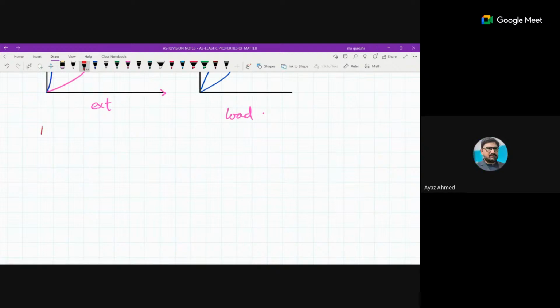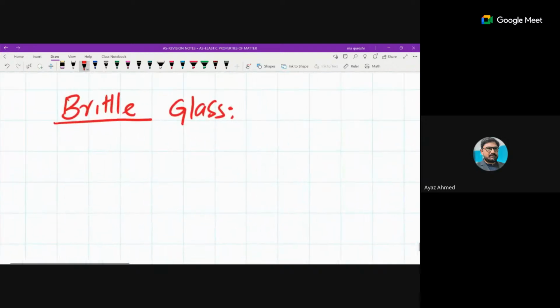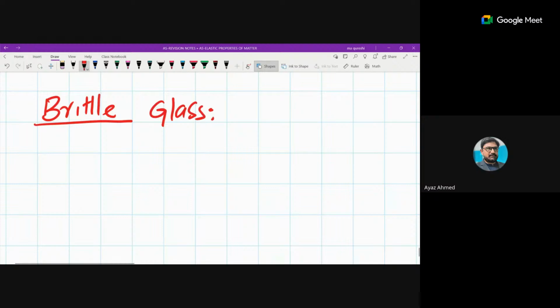And the last thing is your brittle materials, like your glass. Glass is a material which does not have any extension.